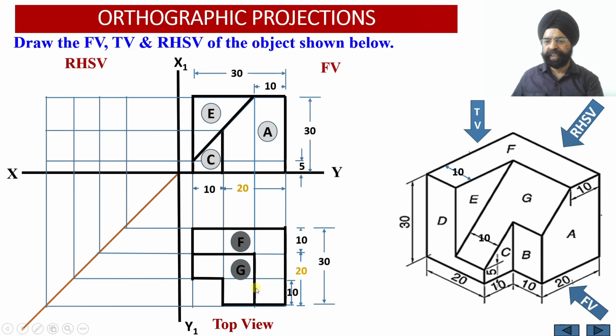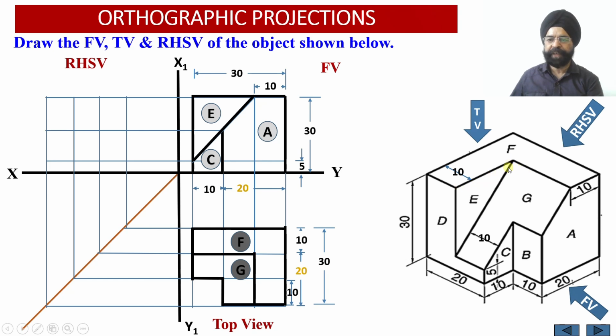So once I join this, both of the surfaces F and G have been obtained. Surface F, since it is parallel to the horizontal plane, we have been able to obtain the true shape of this surface F onto the horizontal plane.